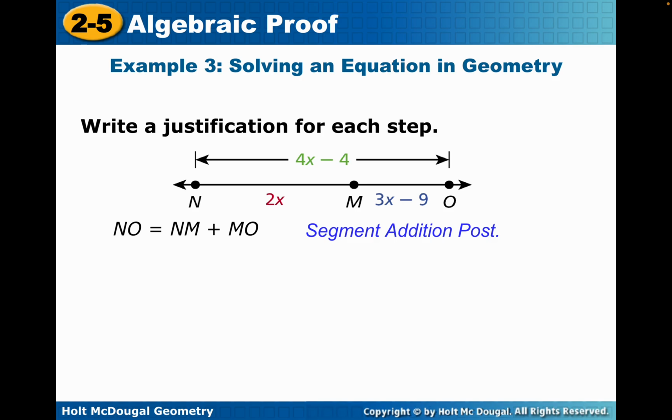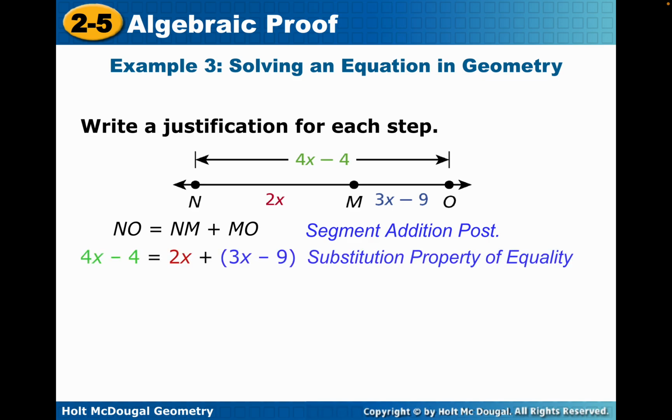We're not distributing them. Starts with an S. Substitution. We're just substituting those values in. That's an example of substitution property. We can put those values in because we know that's what those segments equal.